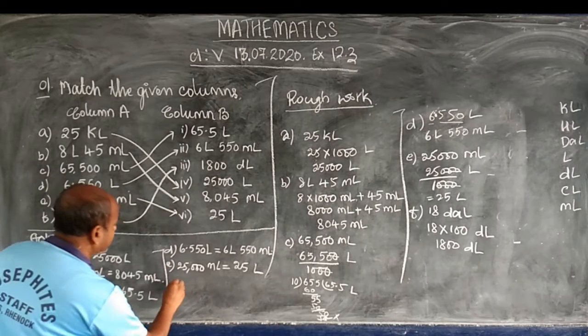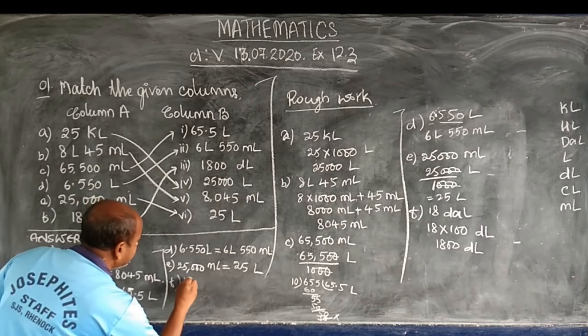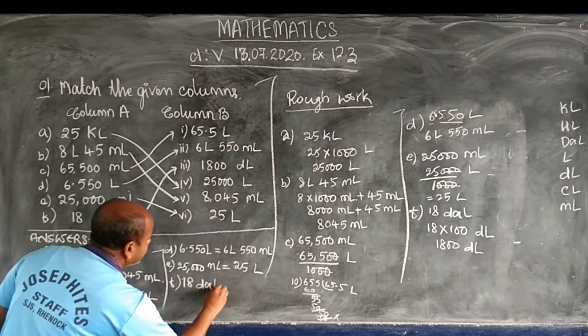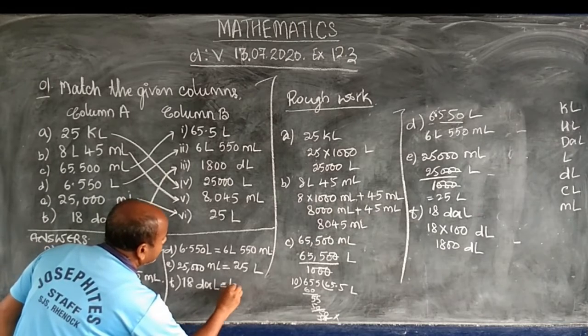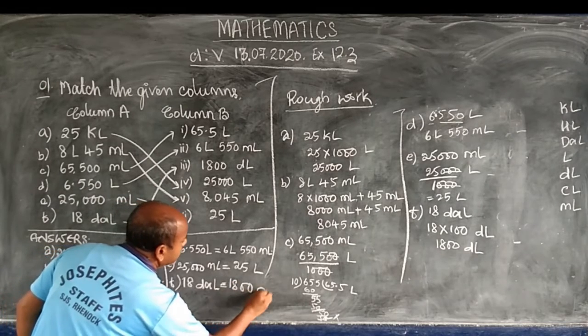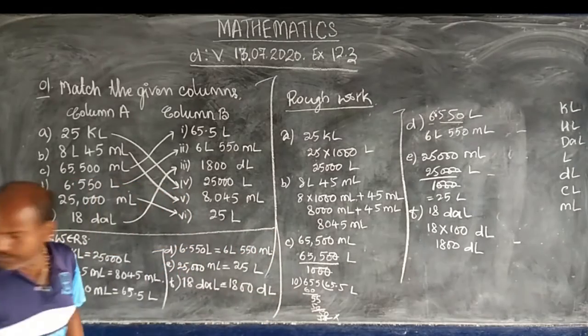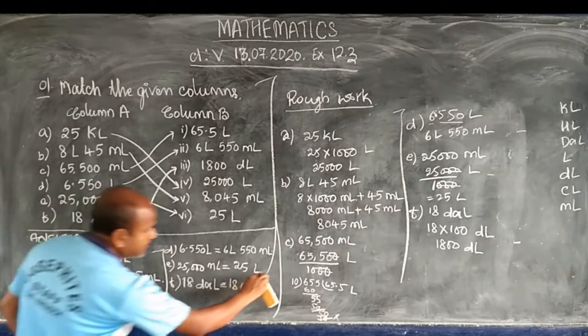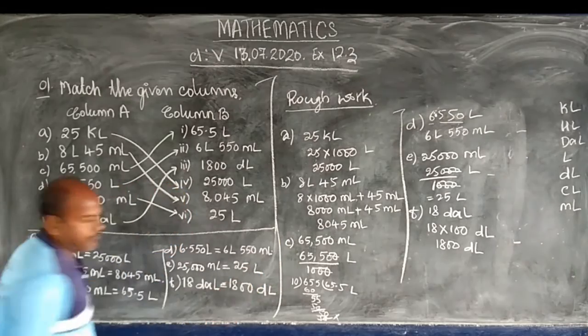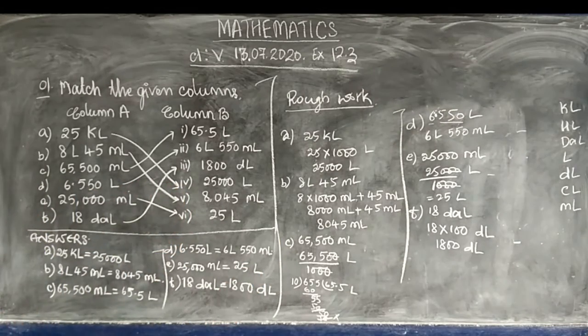So you can write now number F: 18 decaliter is equal to 1800 deciliter. Remember, keep in mind, this is the fair work.